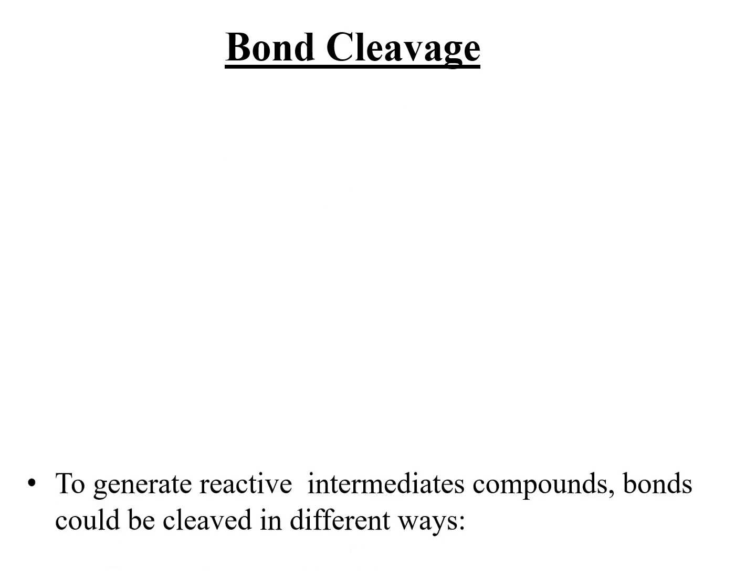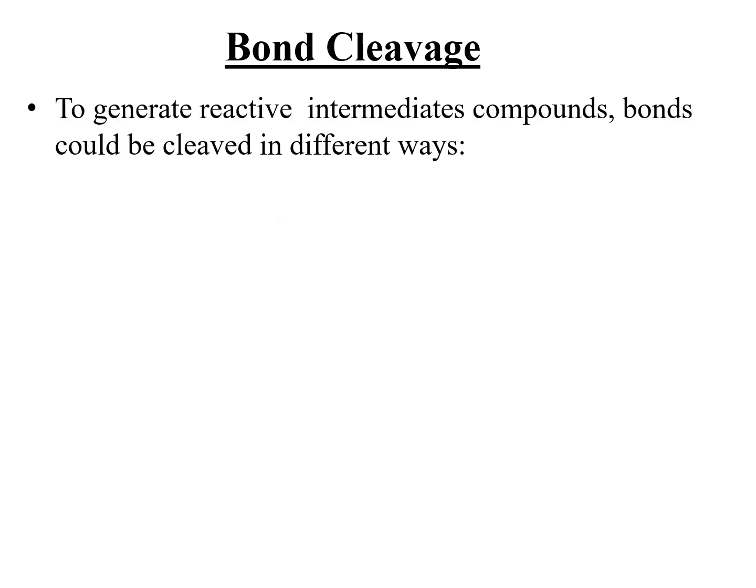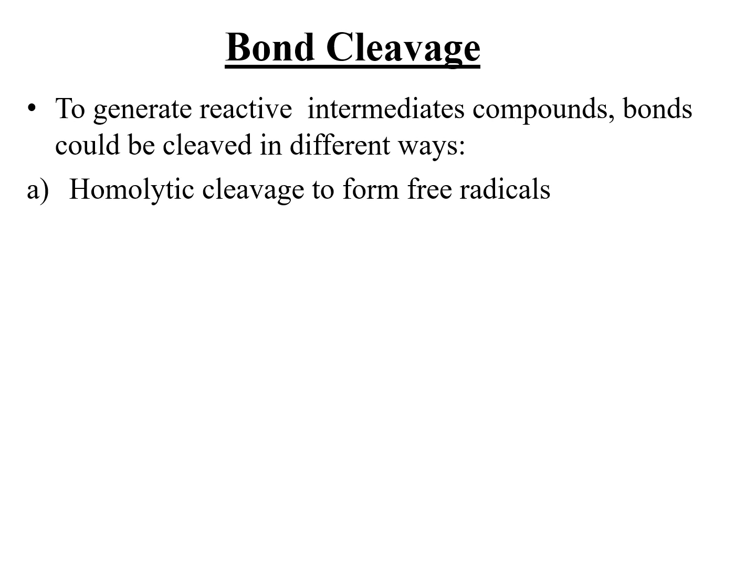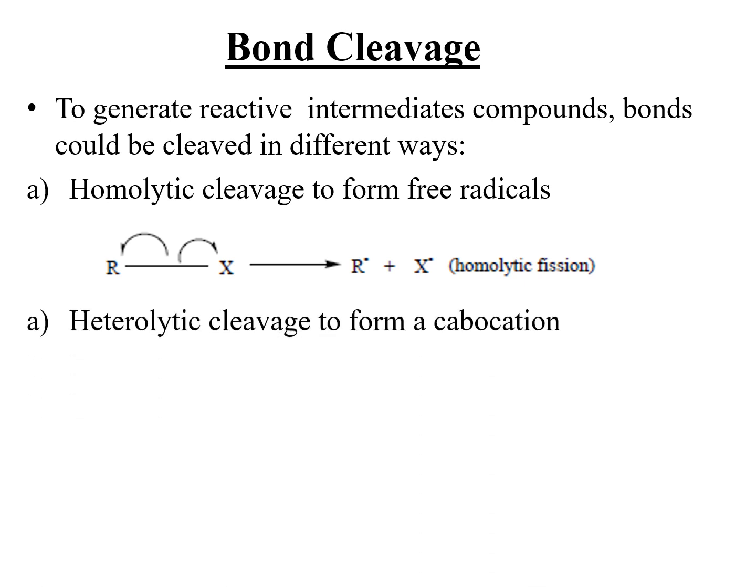Now, the next thing we need to talk about is how we generate these reactive intermediates. They can be generated in different ways, either homolytically, when the bonds involved are shared equally, forming radicals. We call it homolytic fission. Fission is breaking. Then when the bond is cleaved heterolytically, we are going to form a carbocation or carbanion, depending on the movement of the arrow.